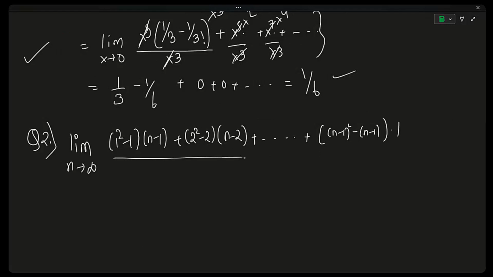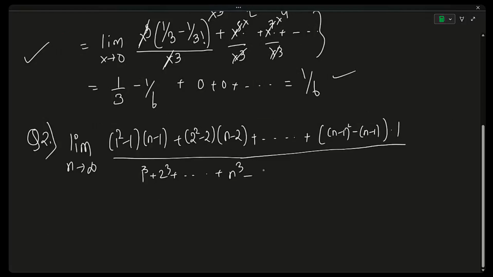And this whole thing is divided by 1 cube plus 2 cube plus all the way up to n cube minus 1 square plus 2 square plus all the way up to n square. And that is going to be all. So this is the question. Okay.